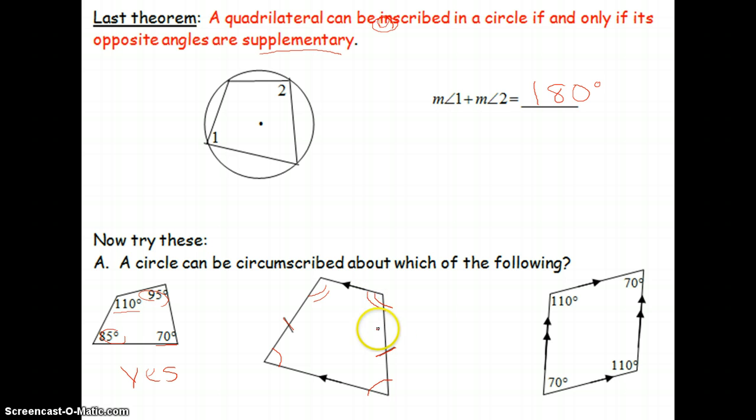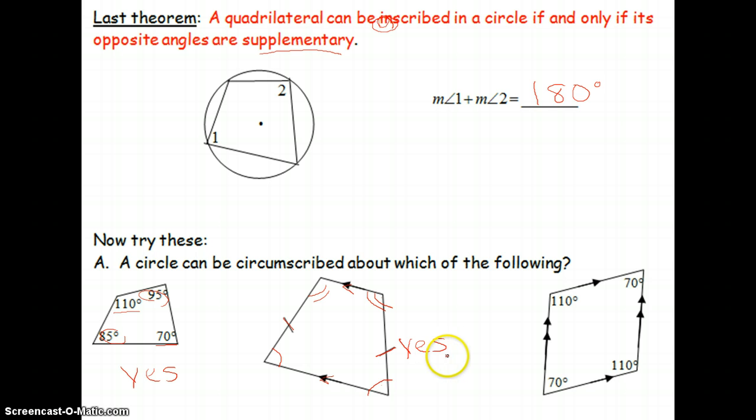And with that, then the opposite angles would have to be supplementary. Again, with these two parallel lines here, we've got same side angles would be supplementary, so here and here. And in that case, then the opposite angles would be supplementary as well. So for this example, yes, that is true.